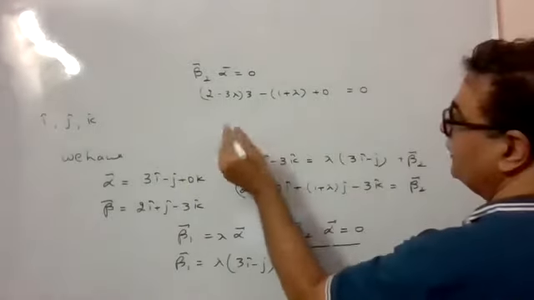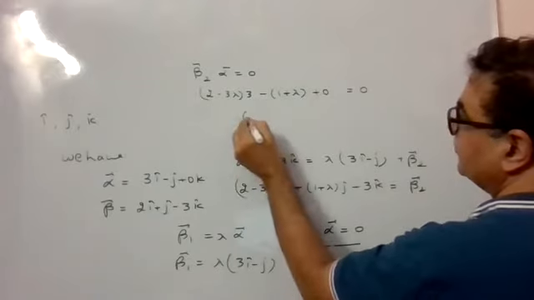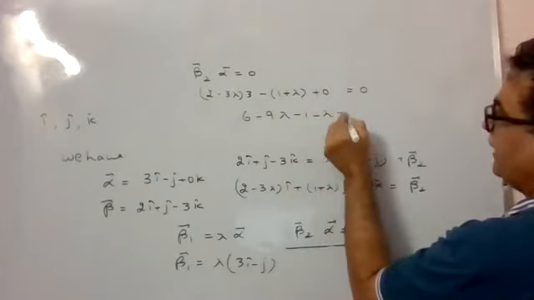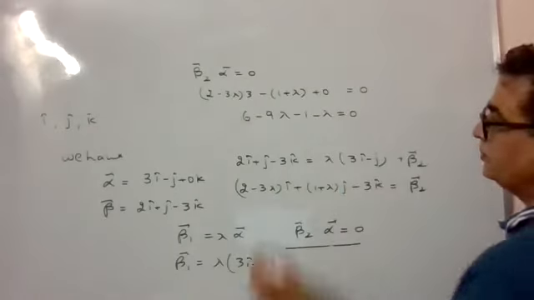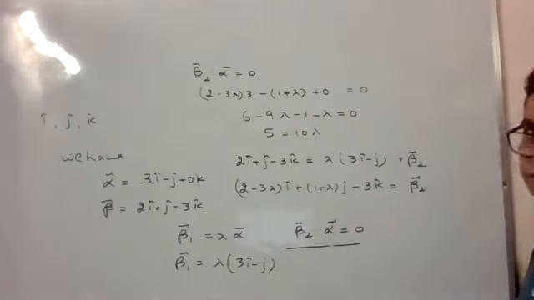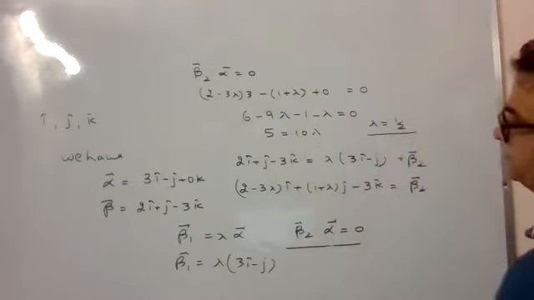Then when you solve it, what will it come? 2 3s are 6, minus 9 lambda, minus 1 minus lambda is 0. 5 equal to 10 lambda हो गया. So we got it, lambda is coming 1 by 2.